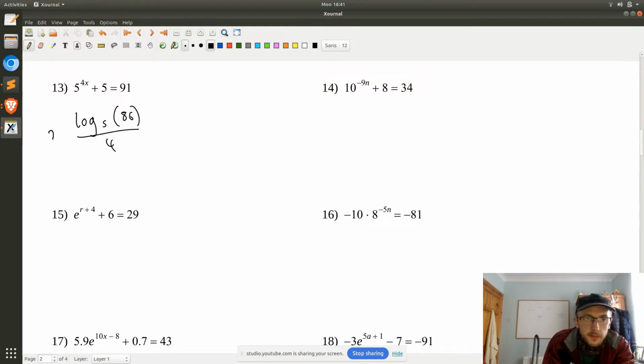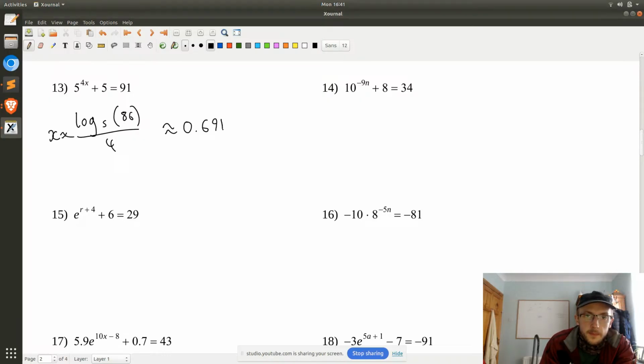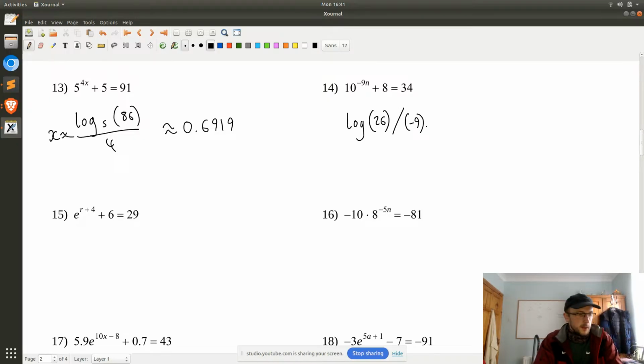All of that divided by 4. .6919. Take 8, 26. Common log of 26 divided by negative 9. That this thing can do without friction.